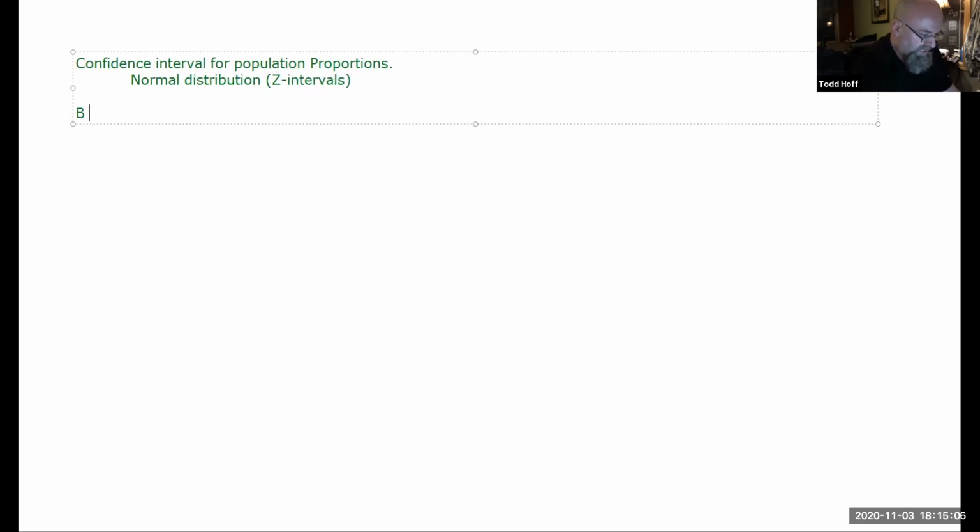The bound on the error is going to be then that Z critical times, if you recall what the standard error is for a proportion, it's the square root of P times 1 minus P divided by N. Now, we're not necessarily going to calculate that by hand. We're going to let the calculator handle this for us.